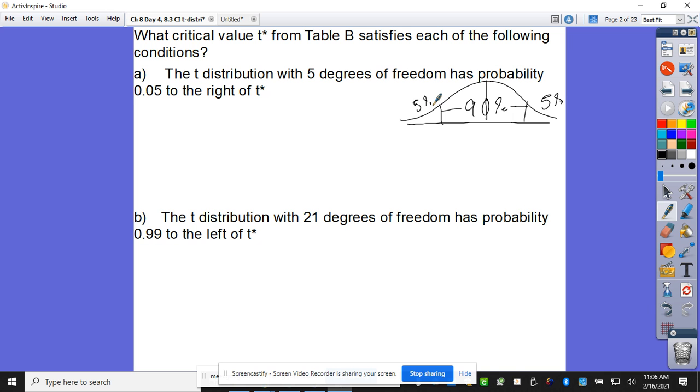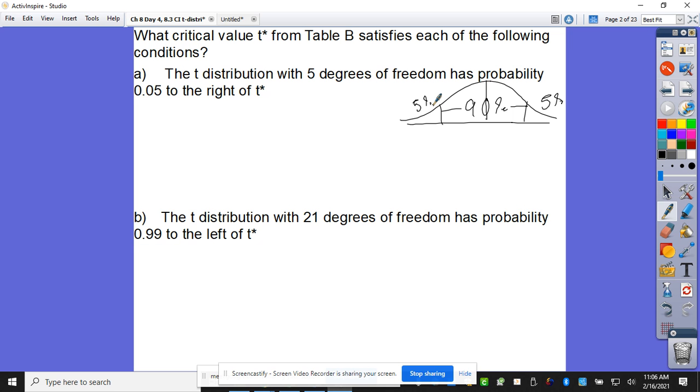Well, what does that thing at the top say that doesn't say confidence interval or confidence level? We could read it along the bottom and read confidence level, or we could read it along the top and read tail probability. So when it says a probability of 0.05 to the right, that's the same thing as saying a 90% confidence interval.